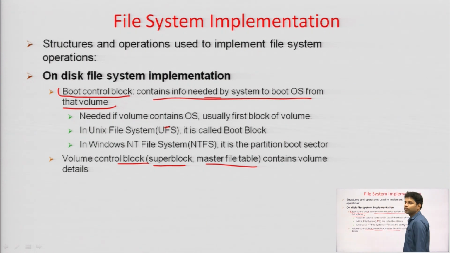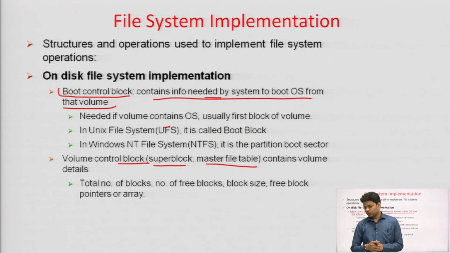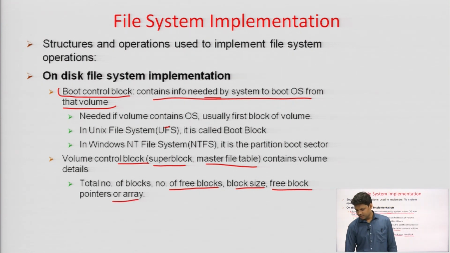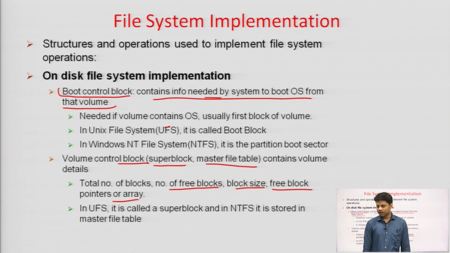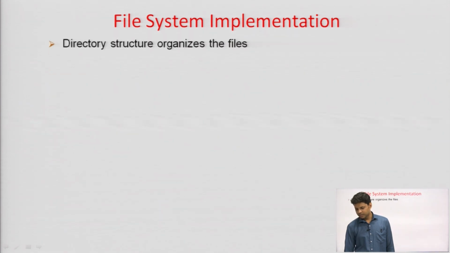This contains volume details, meaning the partition that you have to use: total number of blocks, number of free blocks, block size, and free block pointers or array. In Unix file system it is called the super block, and in NTFS it is called the master file table.